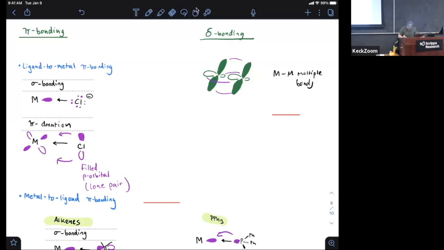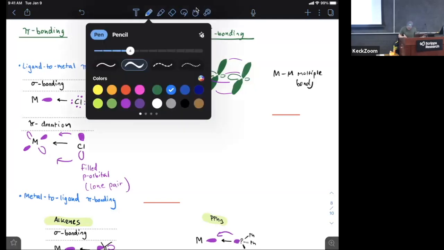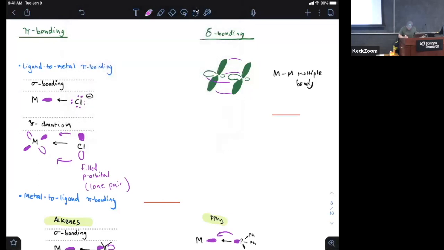In this case, we have sigma bonding between the lone pair of the chloride ligand and the metal orbital, and then pi donation that comes from the lone pair of the chloride to an unfilled d orbital on the metal of appropriate symmetry.